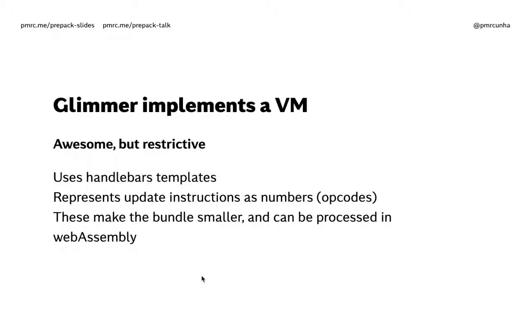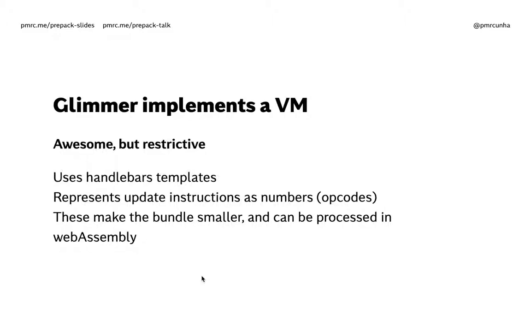And then Glimmer is one of the most interesting ones, because it implements a virtual machine. It uses Handlebars templates, and it produces HTML and some numbers that represent DOM updates.